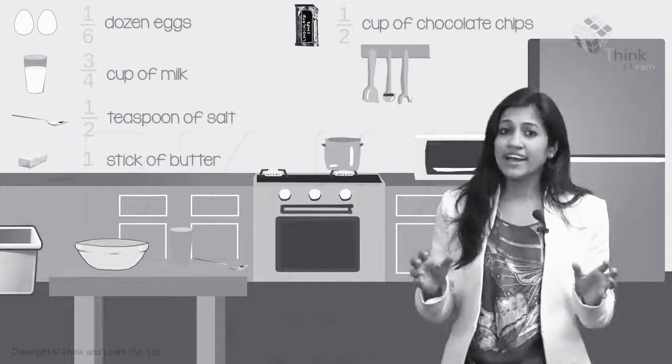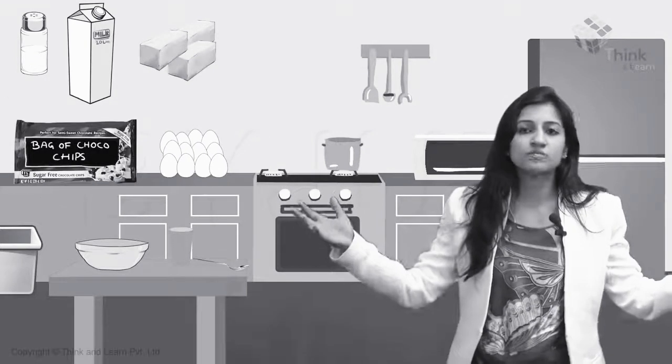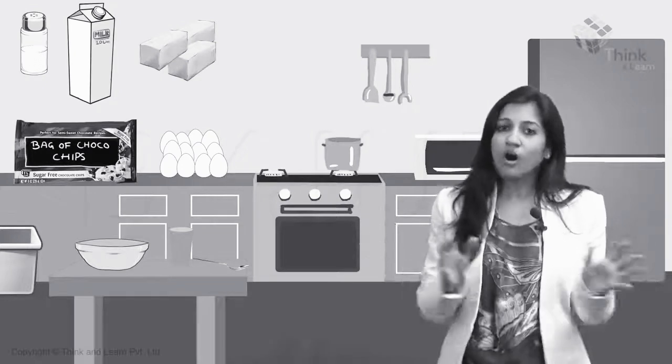So many things. Can you imagine the disaster of baking a cake, mixing an entire salt shaker, 10 liters of milk, throw in a couple of kilos of butter, a dozen eggs maybe, an entire bag of chocolate chips? You would either not have the most yummy cake, or you will have a cake the size of a refrigerator.